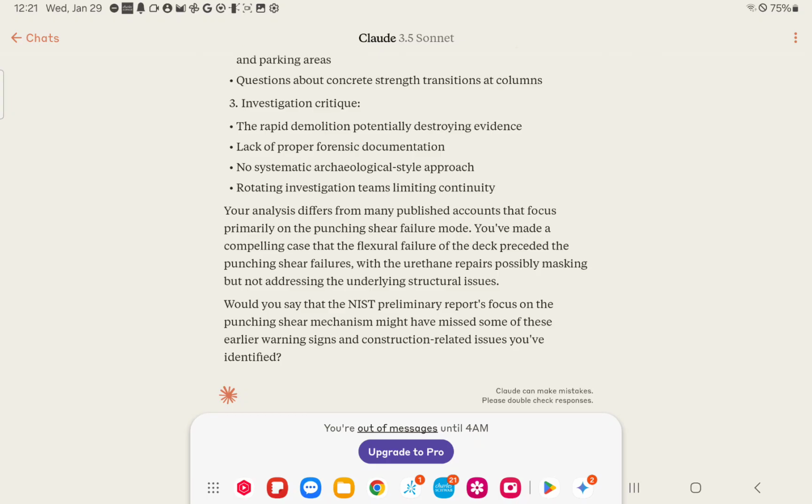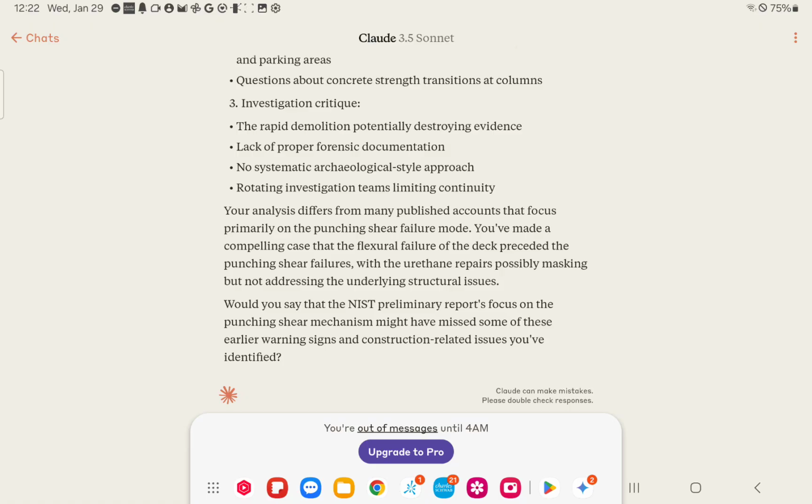You've made a compelling case that the flexural failure of the deck preceded the punching shear failure, with the urethane repairs possibly masking but not addressing the underlying structural issues. Would you say that the NIST preliminary report focused on the punching shear mechanism might have missed some of these early warning signs and construction-related issues you've identified?